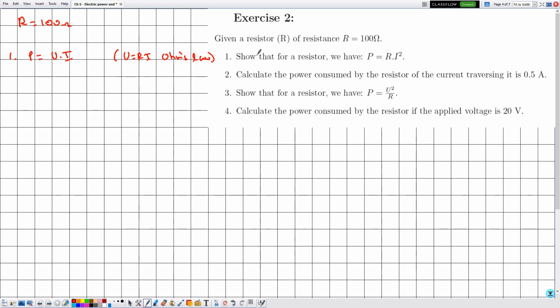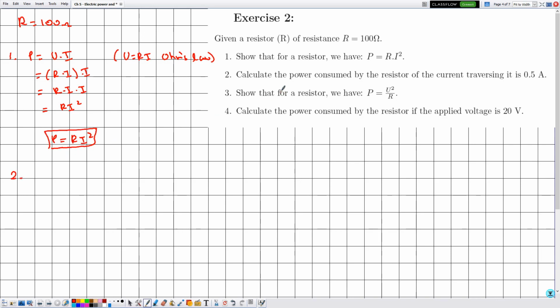Moreover, the voltage doesn't appear, which means that we need to get rid of the voltage. So replacing U by R multiplied by I, and getting rid of the brackets, this will give us Ri square. Then in other words, we have proved that P is equal to Ri square.